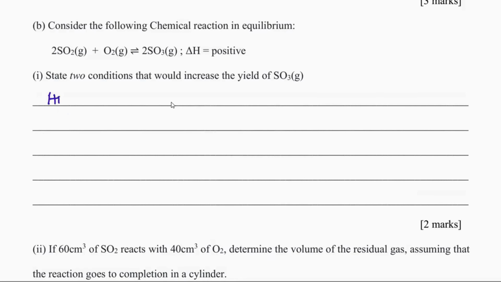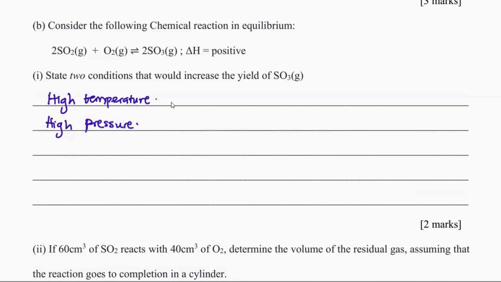So say high temperature. And also looking at the total number of moles in the reactants and the products, the reactant side is more than that of the product. So we need high pressure as well.